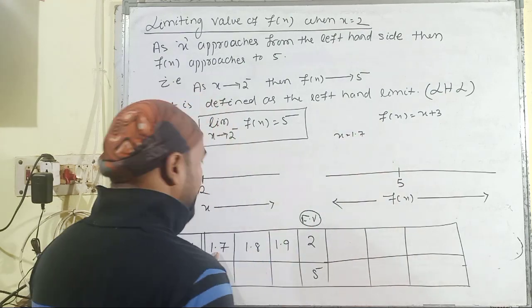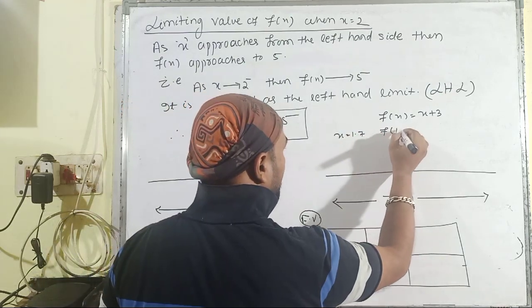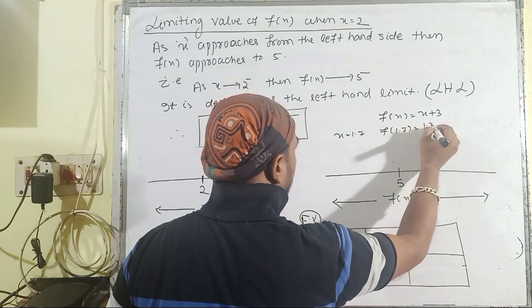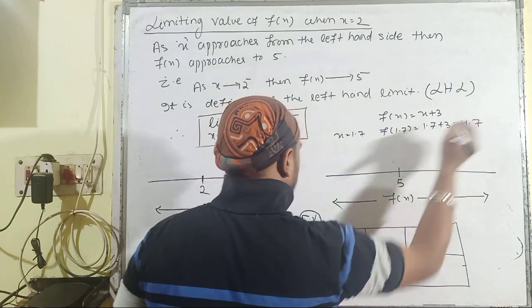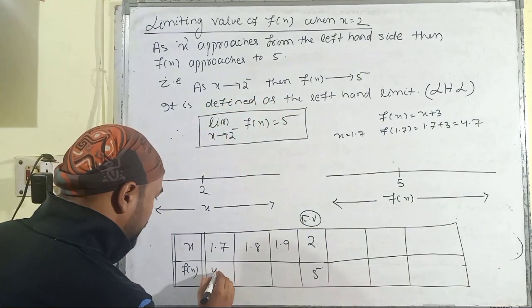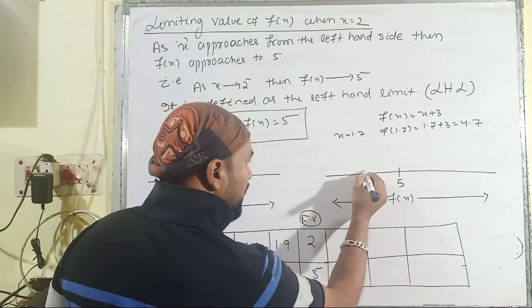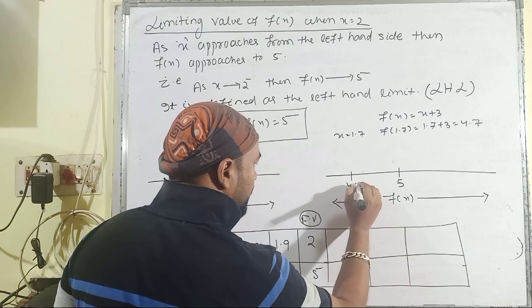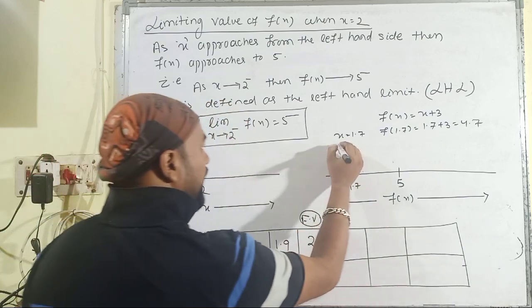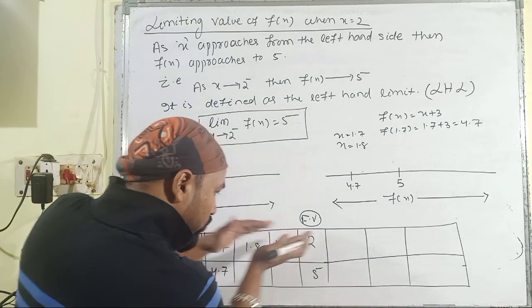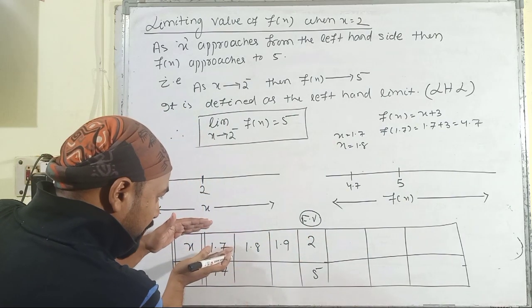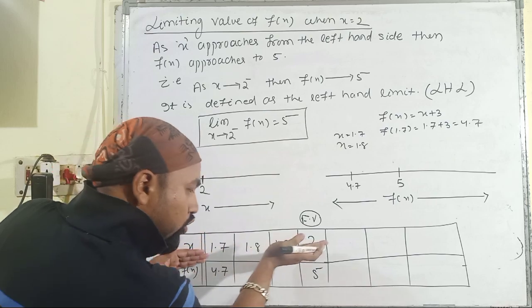If x is equal to 1.7, then f of 1.7 is equal to 1.7 plus 3, which is equal to 4.7. That means we are getting 4.7 here. Then we have to come across toward the point 2. We have to approach the value of x nearest to 2.